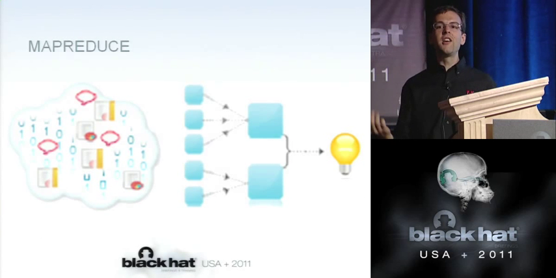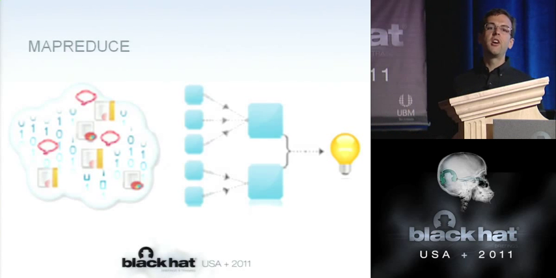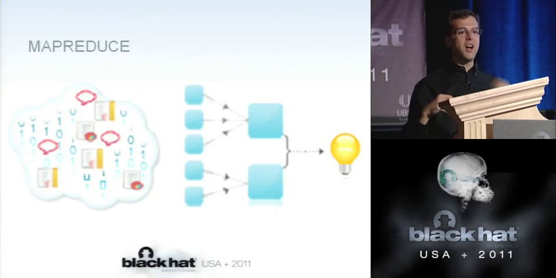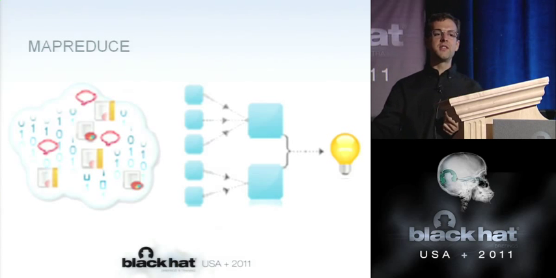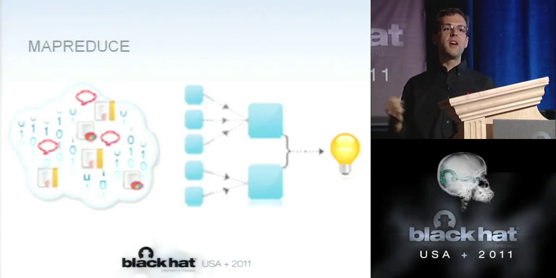The canonical example of MapReduce is, hey, we have a book and we want a word count for each of the individual words within that work. So how many times does the word "the" appear? How many times does the word "browser" appear? Whatever. And if you were to go through that straight in a single process, it could take you a while. But a better way to do that is to parallelize it across as many machines as you have or have access to.